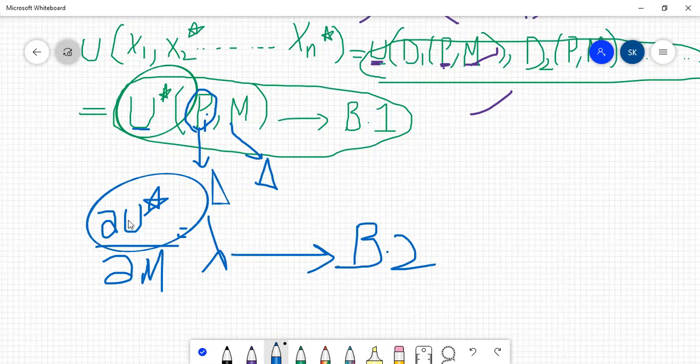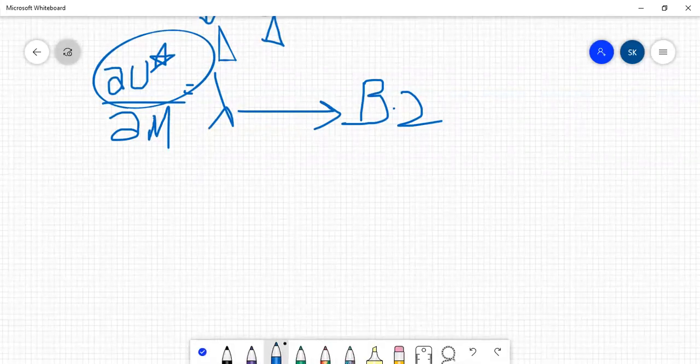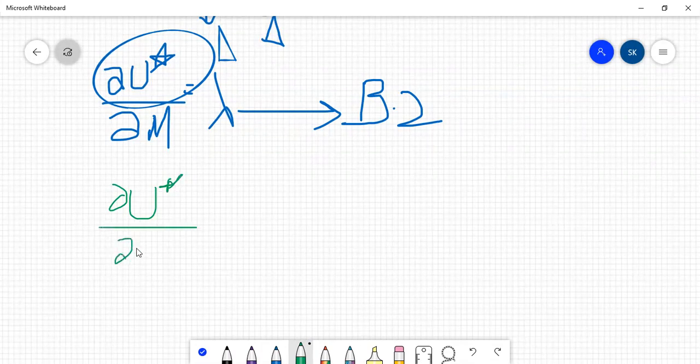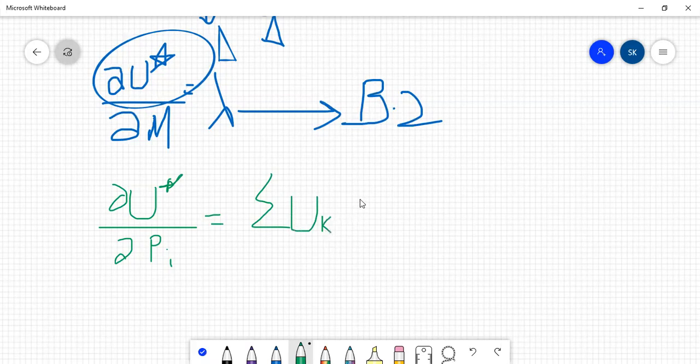We will differentiate U star with reference to Pi. Then what we get is curly U star divided by curly Pi is equal to curly U over curly Xk, into curly Xk star with reference to prices Pi, summed over k. We have studied this before also in the expenditure function.